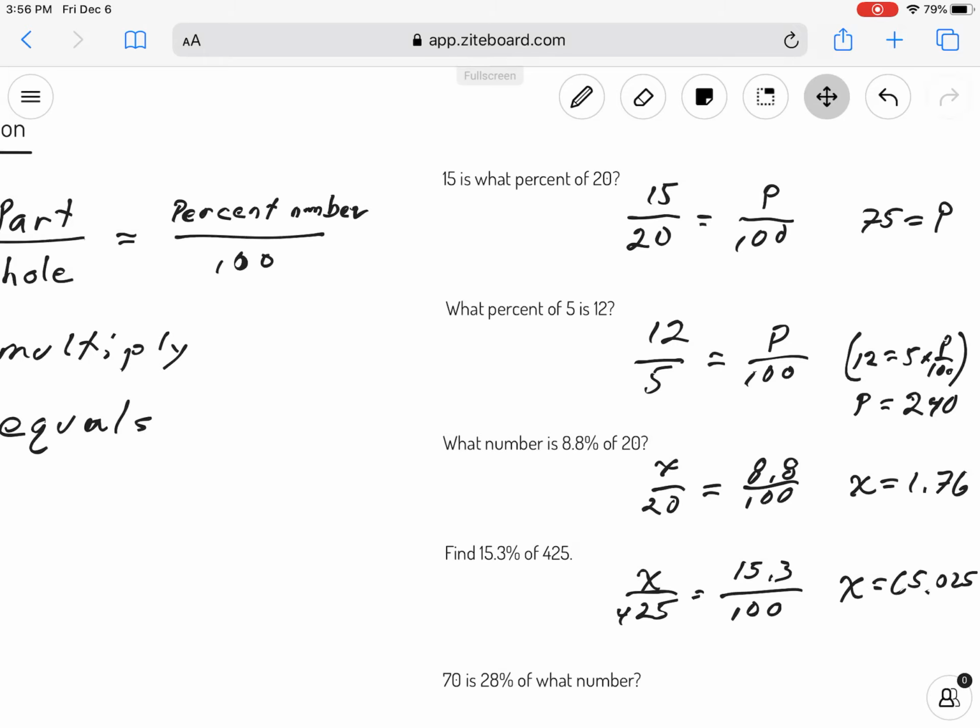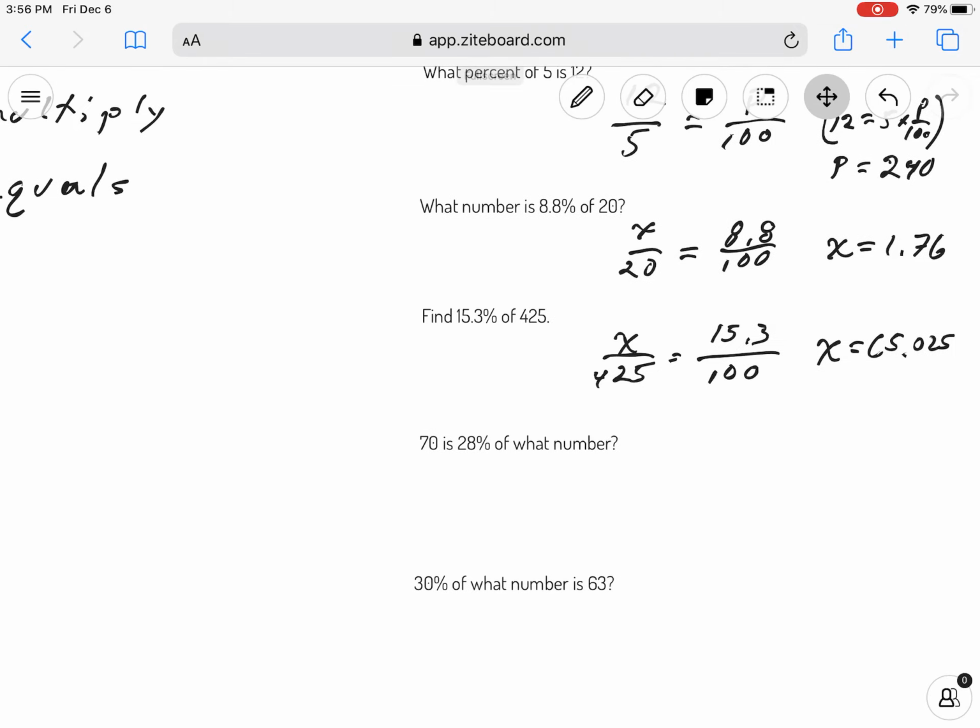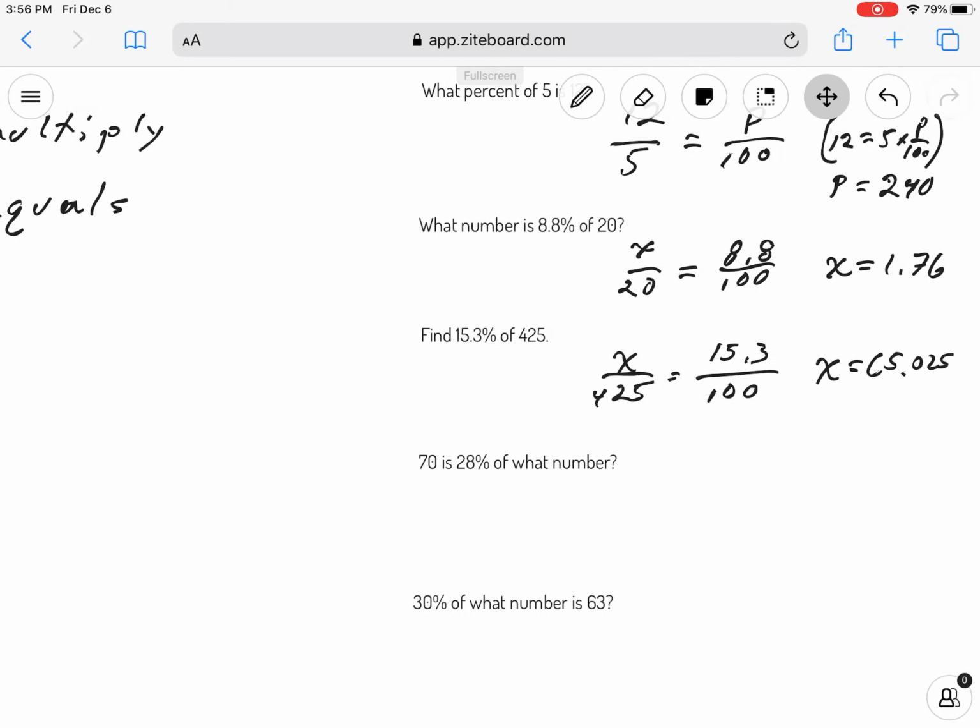Then we are asked to find what number. So 70 is 28% of what number? So this time they're giving us the part, and "of what number" means that's my whole.